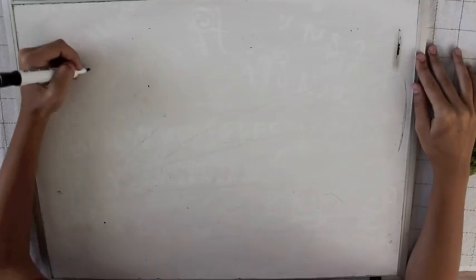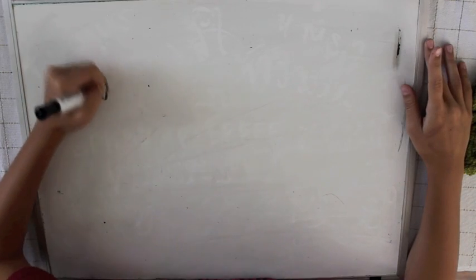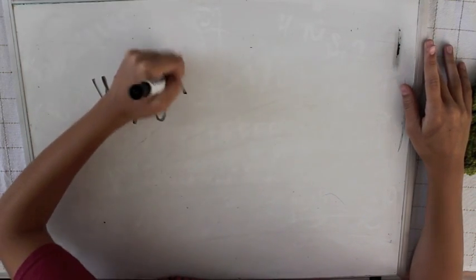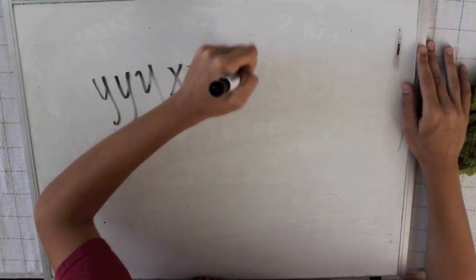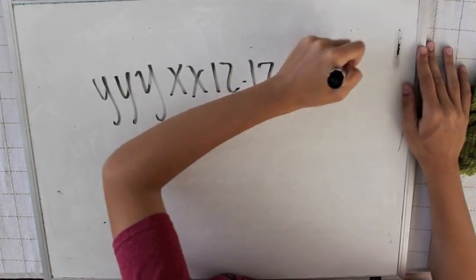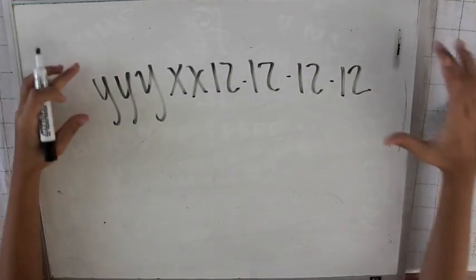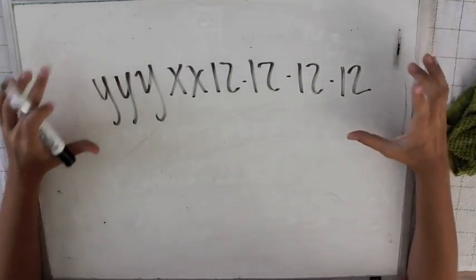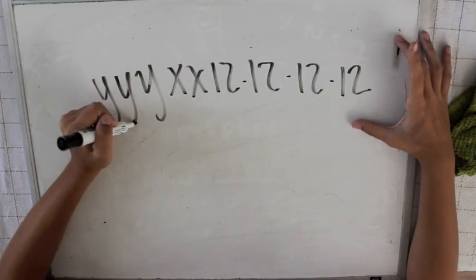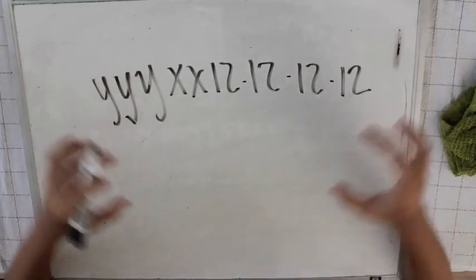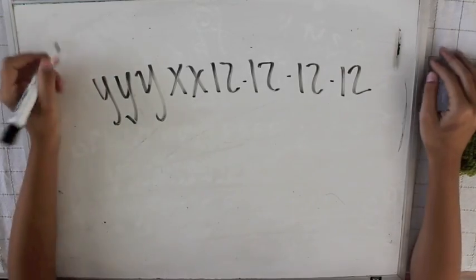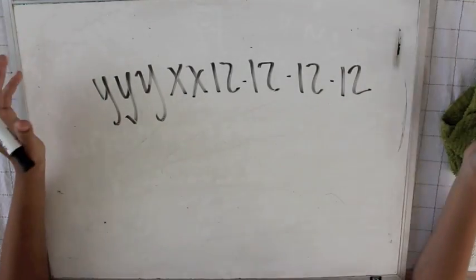If we take this out of In-N-Out and put it into math, we could do y, x, 12. We have this big problem, and we want to condense it down into a small problem. So we know all of the bases that we have.